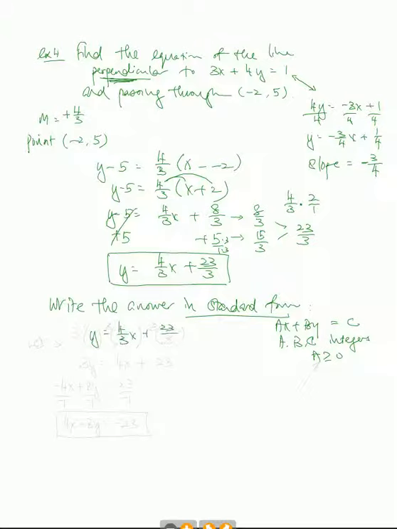First thing to notice is fractions are not allowed. One quick way to get rid of all the denominators is to multiply by the LCD, which in this case is 3. So I'm going to multiply everybody by 3, which gives me 3y equals, this 3's cancel, making it 4x, and those 3's cancel, leaving it 23.